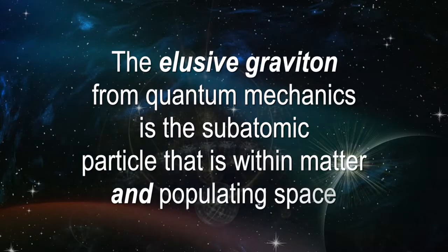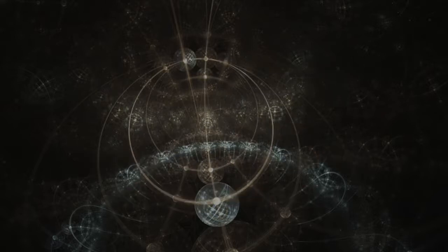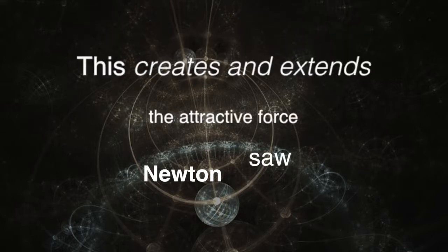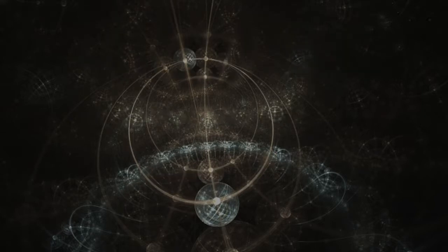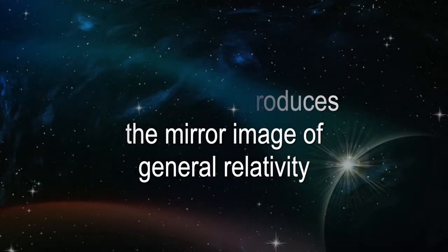The elusive graviton from quantum mechanics, as Gary sees it, is the subatomic particle that is within matter and also populating space. This creates and extends the attractive force Newton saw. This particle produces the mirror image of general relativity.